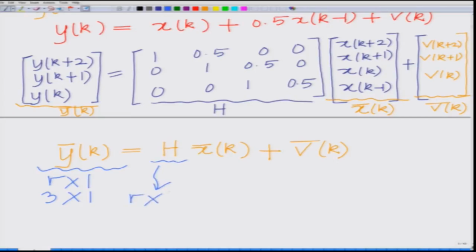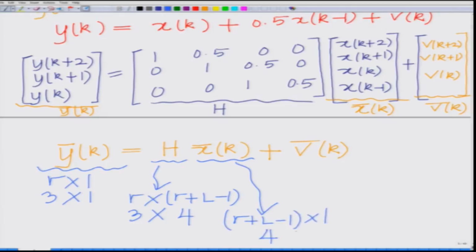H is an r cross r plus L minus 1 matrix, r equals 3, L equals 2, so this is a 3 cross 4 matrix. x bar k is r plus L minus 1 cross 1, which is 4 cross 1, and v bar k is a 3 cross 1 noise vector. So basically we have developed this model, y bar k equals H times x bar k plus v bar k, to capture the effect of the intersymbol interference in this wireless channel.